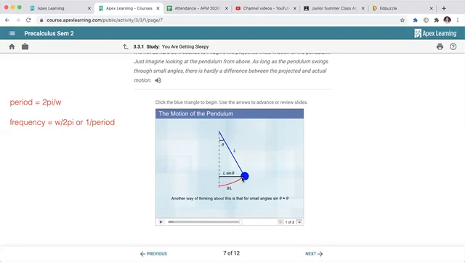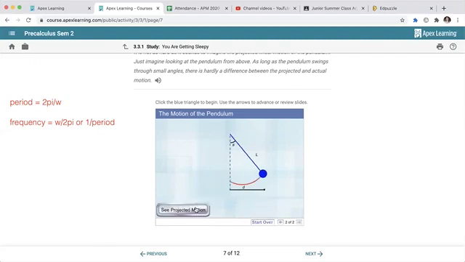If we were to pull this guy up to say here, obviously it would not be the same, so we would have to deal with that accordingly. But for small angles, we can treat it like a straight line. So that's a way of thinking about it.